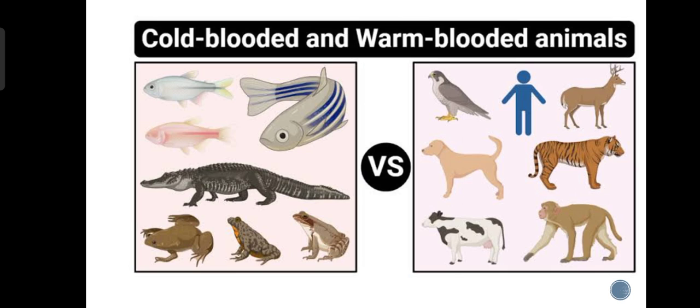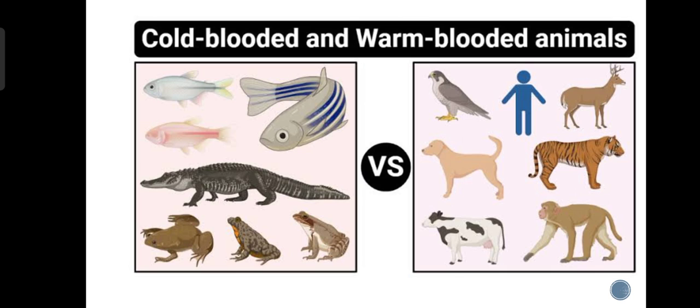Cold-blooded animals cannot maintain their temperature. Their body temperature will change as the external temperature changes. So some animals change their body temperature as the temperature around them changes, and these animals are called cold-blooded animals.